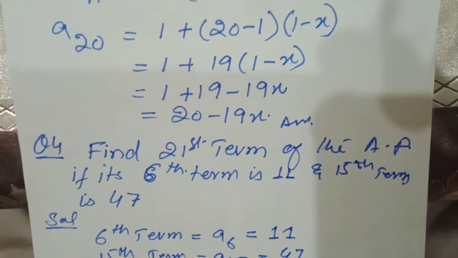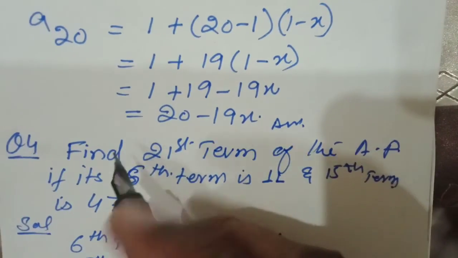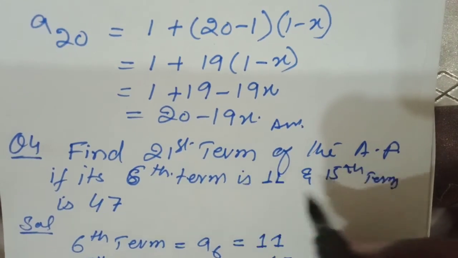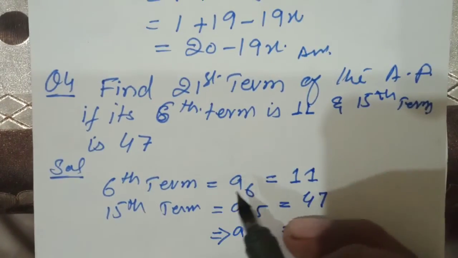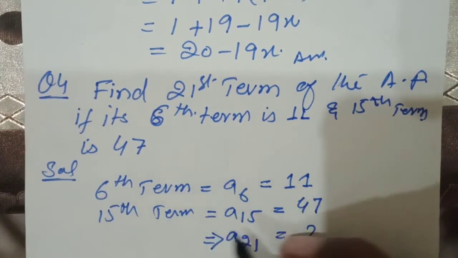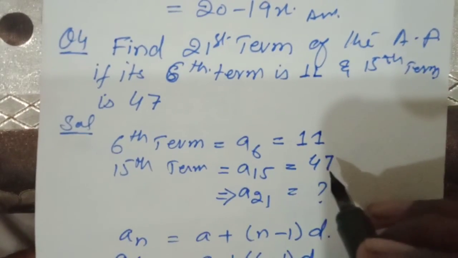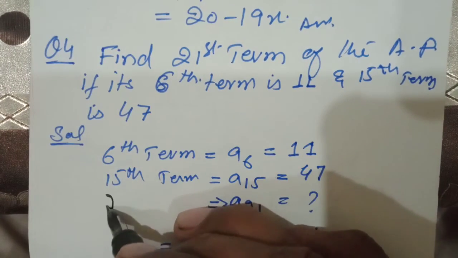Now take another example. Find the 21st term of the AP if its 6th term is 11 and its 15th term is 47. Here A6 is 11 and A15 is equal to 47, and you have to find A21, the 21st term.